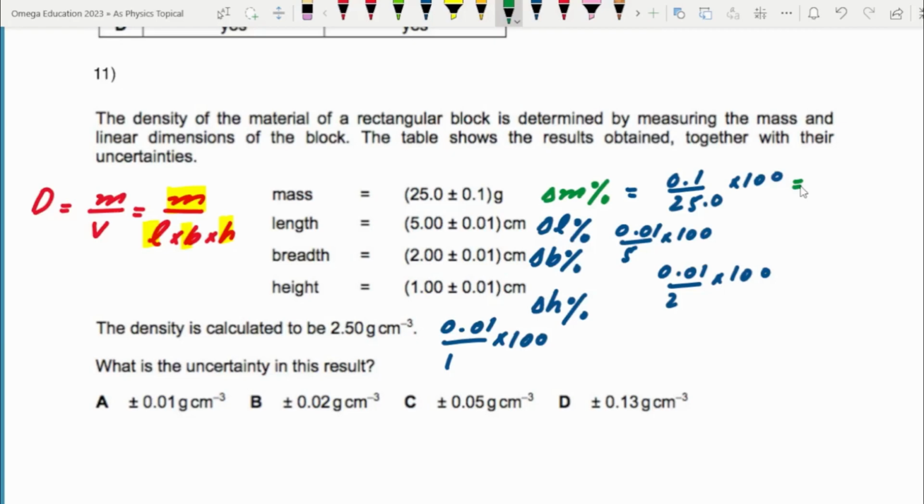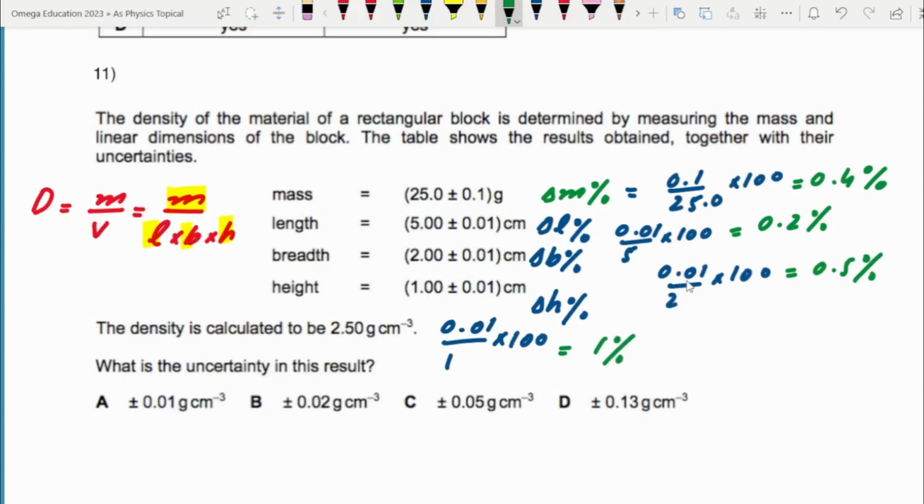So for the first one, it would be 10 divided by 25, 0.4%, and the second one would be 1, 0.01 times 100 would be 1. 1 over 5 would be 0.2%, and the third one would be 1 over 2, which is 0.5, and the last one would be 1%.